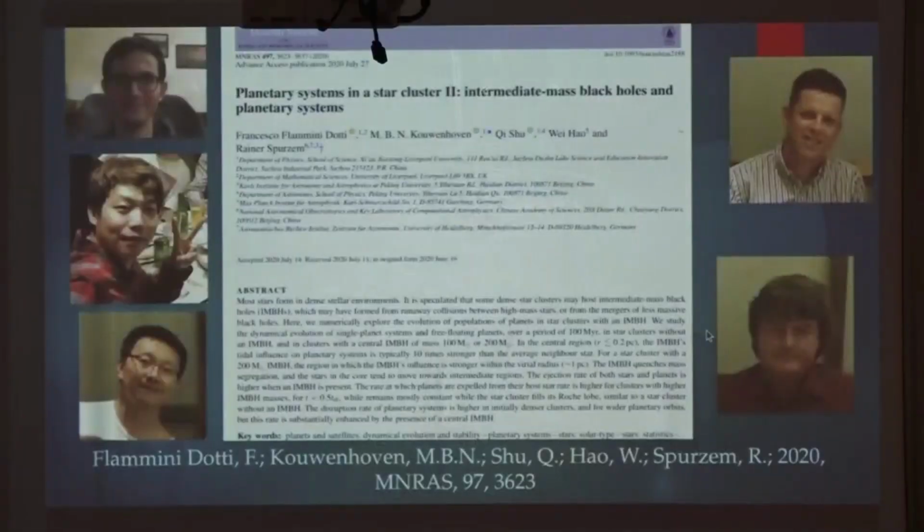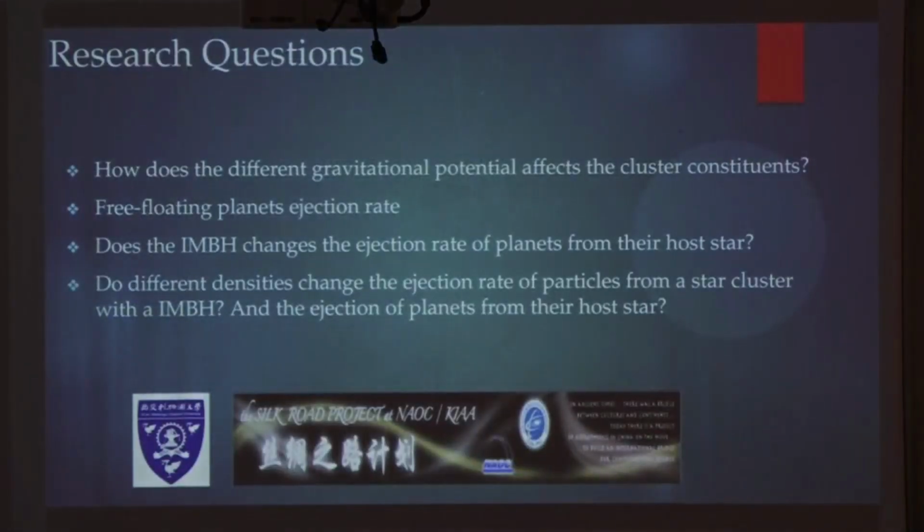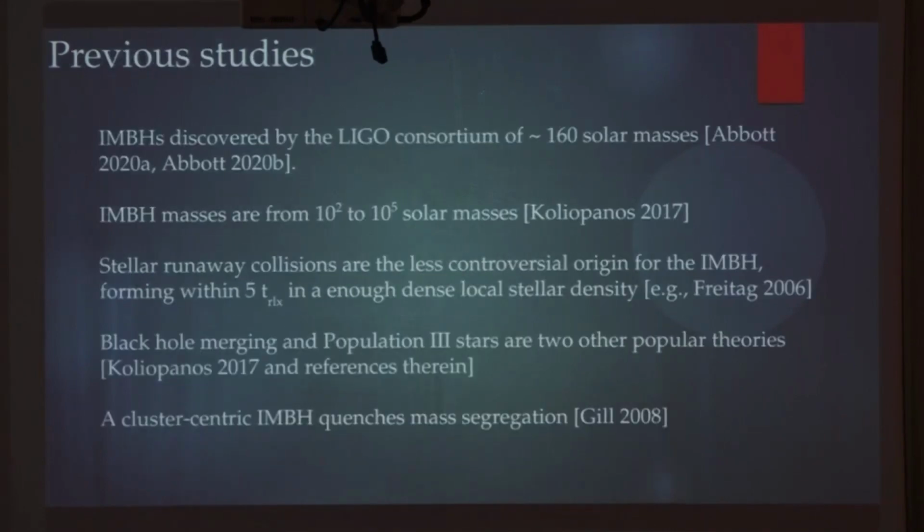So now that we've finished here, we can go into the intermediate mass black hole. Like I said before, here I also add free-floating planets and the planetary system with one semi-major axis.